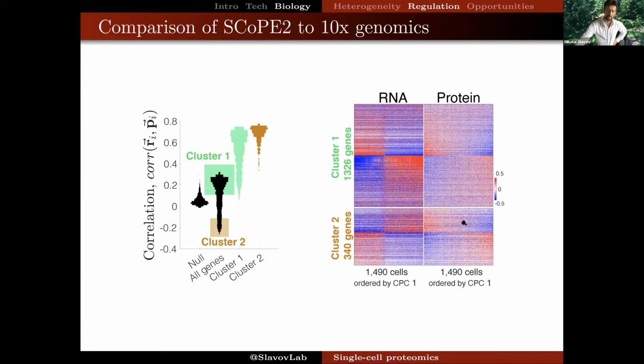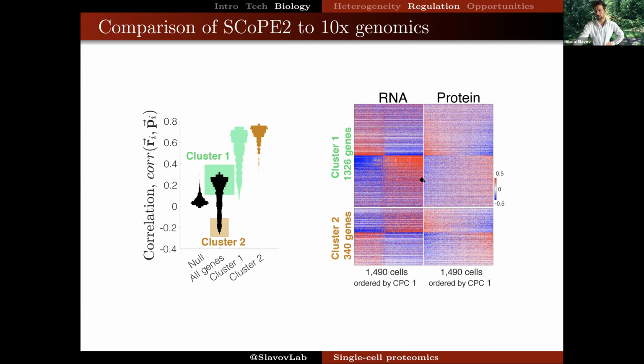So let me see. We also compared our data to 10x Genomics. And in this case, we did not measure the RNA and the protein molecules in the same cell. So we needed some way to pair the single cells in which the analysis has been done. And at the first pass, we used correlation vector analysis, simply computing the vectors of pairwise correlations for all genes that are quantified at both the RNA and the protein level, and then correlating these correlation vectors to identify clusters.